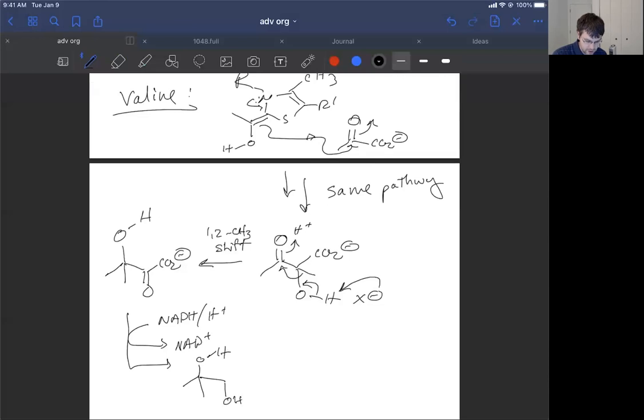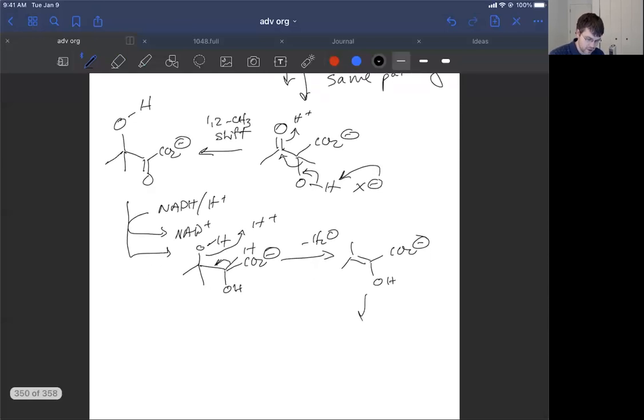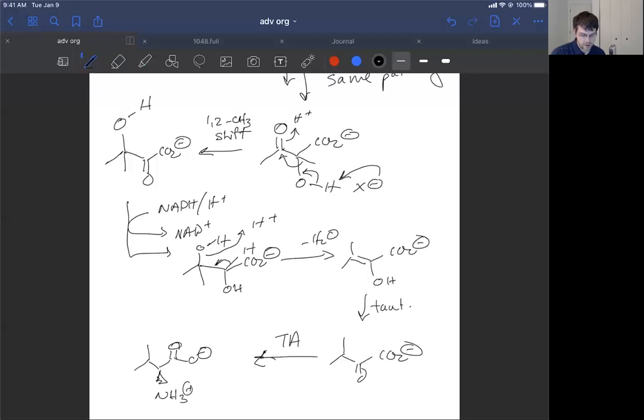That's going to give an OH, which can then do a dehydration and tautomerization to get this, which can then undergo a transamination reaction to generate the alpha stereocenter. And we are at valine. Okay, so we flew through that one, but that was because it was quite similar.